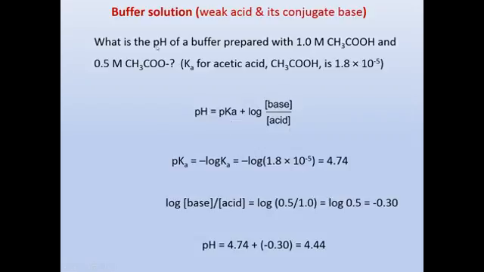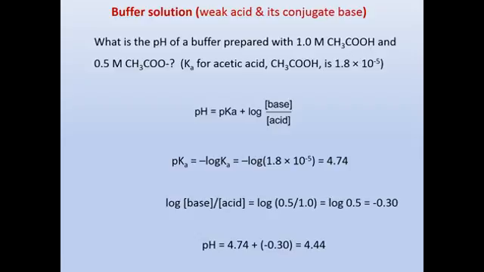In our question here, we're asked what the pH is, so we're trying to find the pH. We've got 1 molar CH3COOH and 0.5 molar CH3COO minus. One of those is the acid, one of those is the base. The one with the extra H plus is going to be the acid. So in this one here, with the extra hydrogen, this one is the acid.